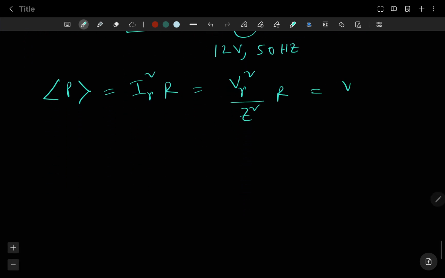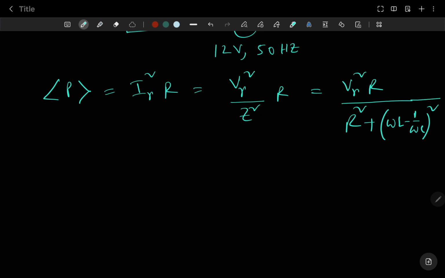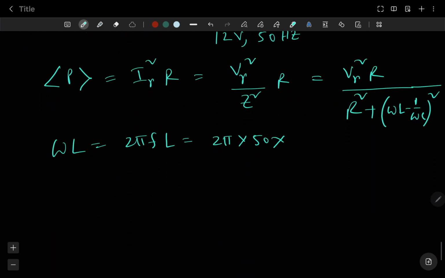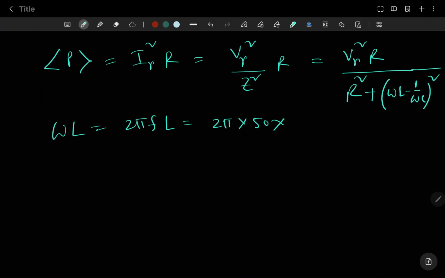So it will be V R square R by R square plus omega L minus 1 by omega C square. So let's calculate omega L. It is 2 pi F L. So it is 2 pi, F is 50, L is 20 by 1000. So it's nearly 6 ohm.